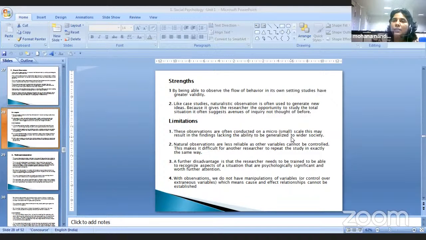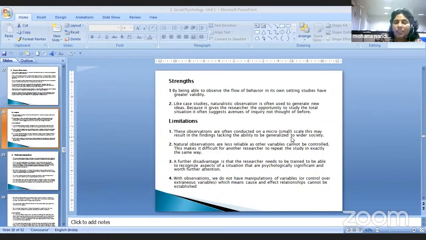If the other gang is provoking him, his aggressive levels may become more and more. We cannot control the situation. So in the observation method, the other variables, the other participants, we cannot control. So he may be exposed more and more to negative things only. Here we have the limitations.